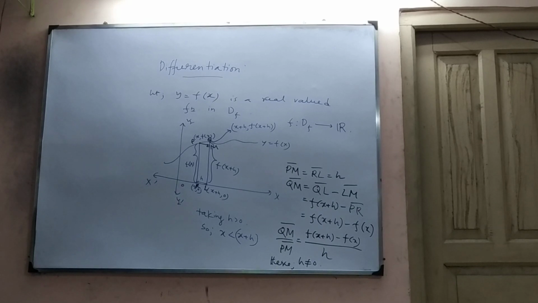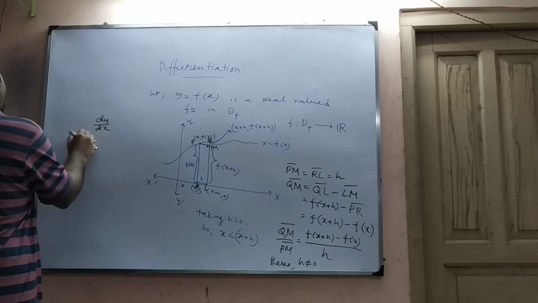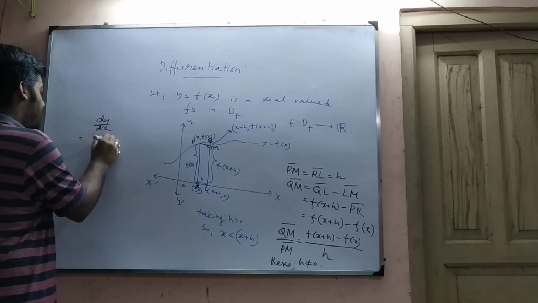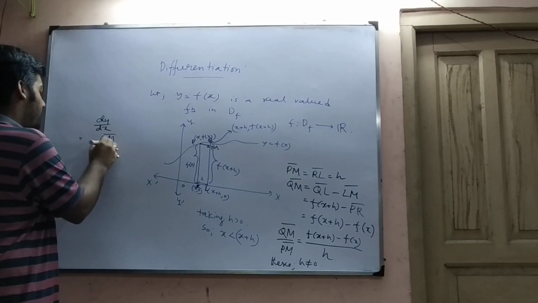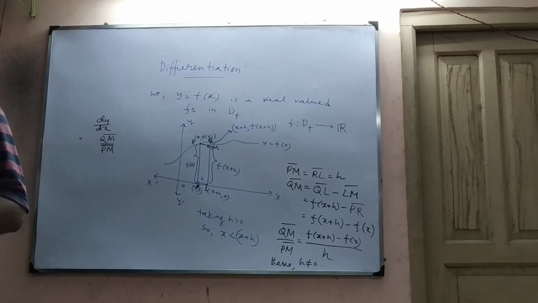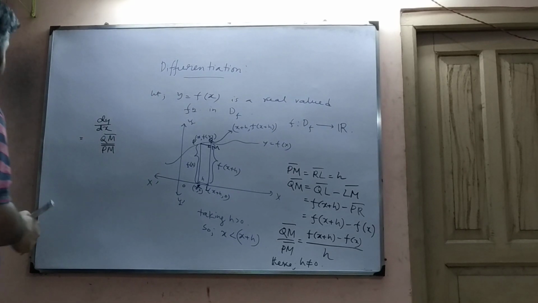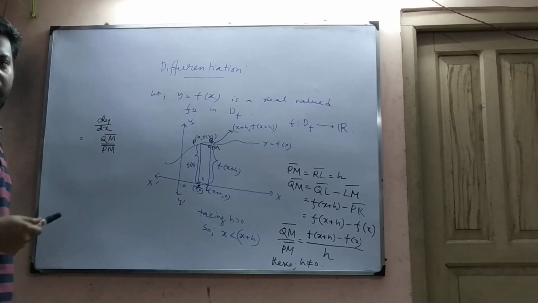Now what is dy dx? Dy dx means nothing but this ratio QM by PM. Why QM by PM? Because dy dx means change of y with respect to x.